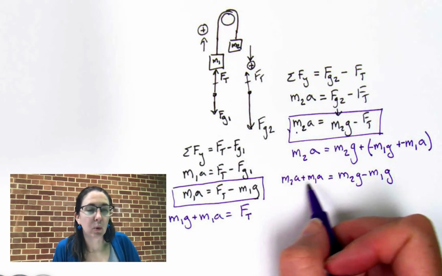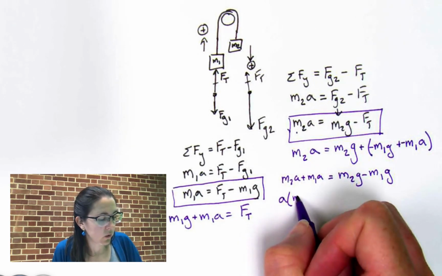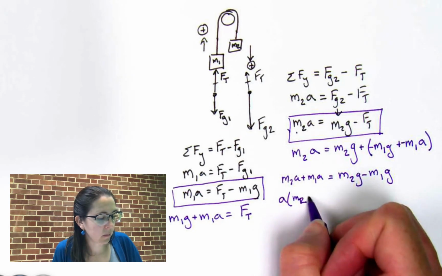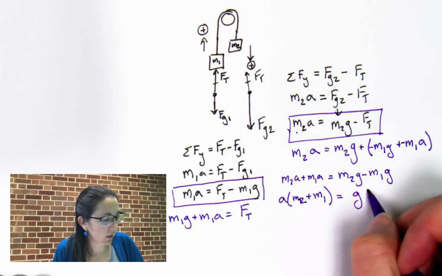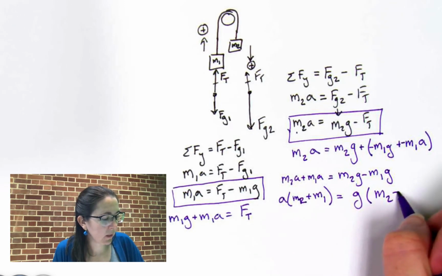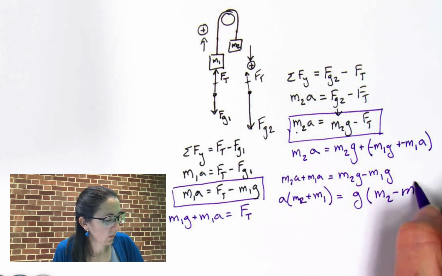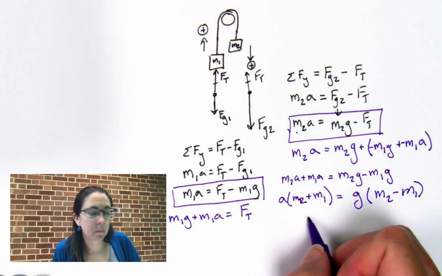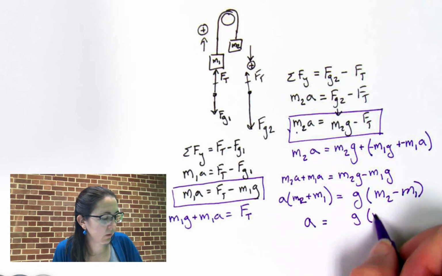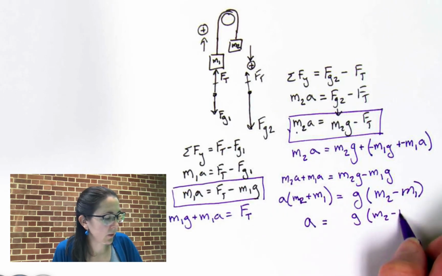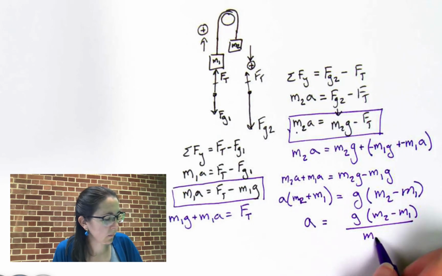All right, pull the A out. I end up with the sum of the masses times acceleration equals G times the difference of the masses. And then that means the acceleration is just the gravitational field strength times the difference of the masses over the sum of the masses.